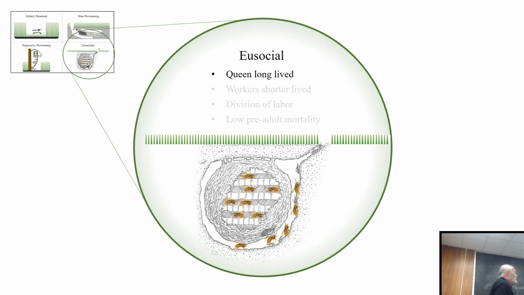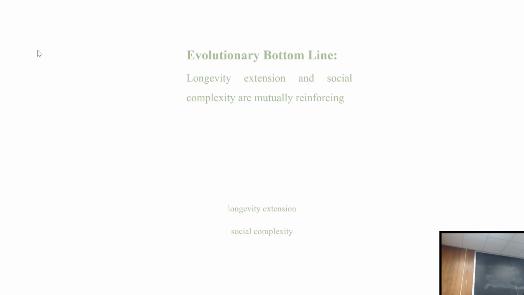And then the next series of stages, you'd have the mother becomes the main reproductive, and so she's very long lived. She becomes the ovary for this superorganism now, and the workers are short lived, so they're disposable basically. And anyway, division of labor and very low pre-adult mortality.